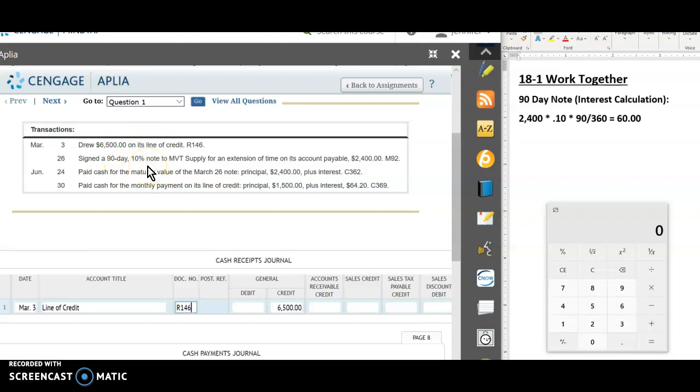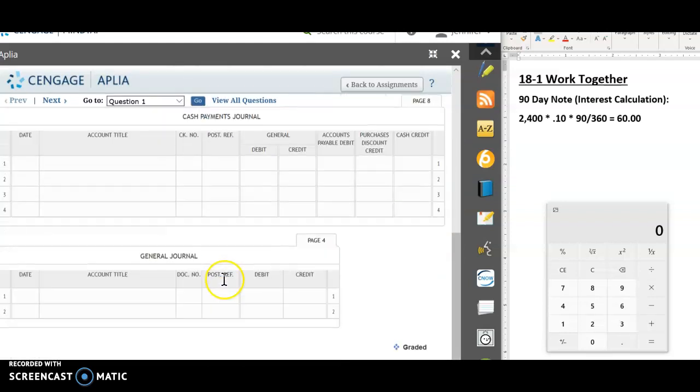Okay? So in our general journal on March 26th, we originally owed MVT this money, and so we had an accounts payable account with them, but basically they're clearing that off and saying, okay, you no longer owe us for the accounts payable portion.